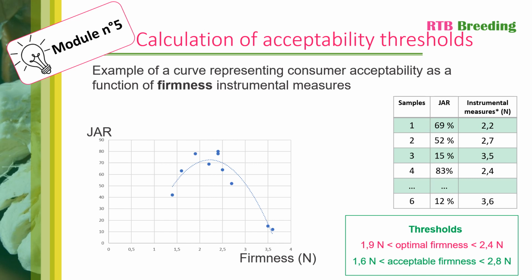We can see that if we want 60% of the population to be satisfied with the firmness, it has to be between 1.6 and 2.8 newtons, which corresponds to the acceptability thresholds. The optimal threshold is between 1.9 and 2.4 newtons.